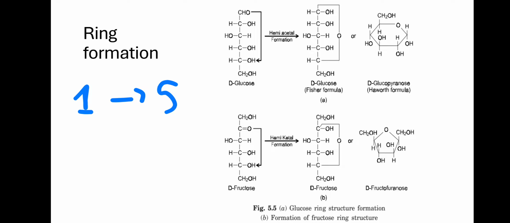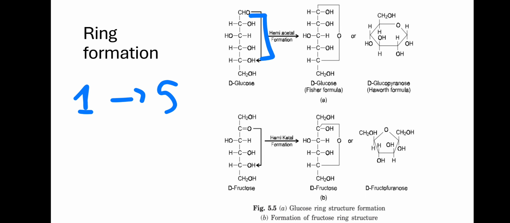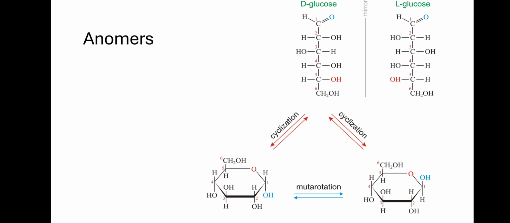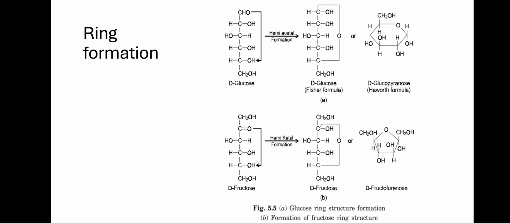So with carbon 1 and carbon 5, we're going to have them attaching, like from there to there, they attach. And then you see this guy here. This guy here remains at the top there. Okay, so that's from carbon 1 to carbon 5.